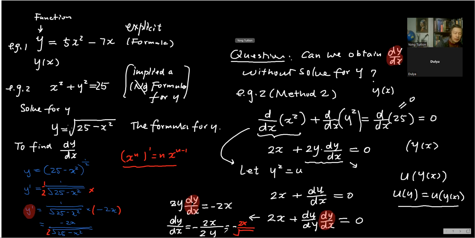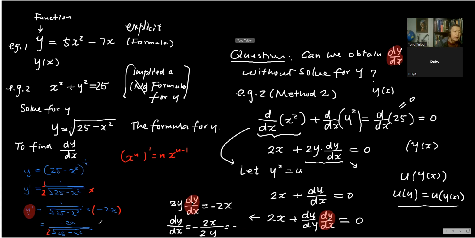Square root. Of course we don't have to know, but from the first solution we know that y can be written as a square root. Instead of doing that, I simply stop here because there's no point to solve, because they are not asking you to solve for y. They only ask you to find the first derivative of y, right?